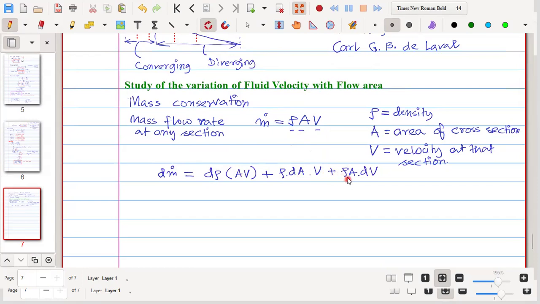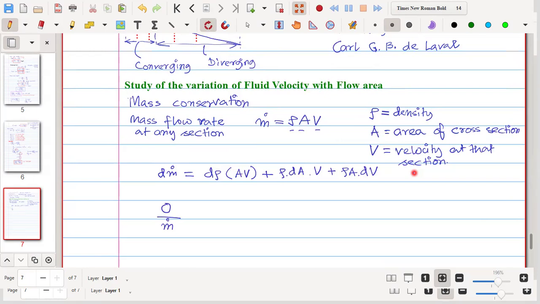And at the third term, rho into A remained fixed and V underwent the differentiation. Okay. Next, what we can do is we can now divide both sides by this quantity. Now, as this is constant, so this will be 0.